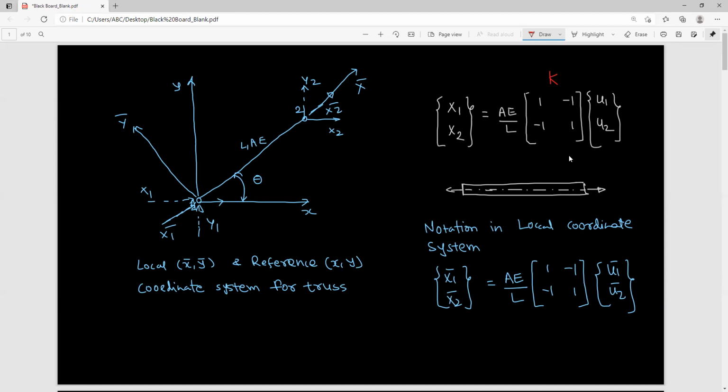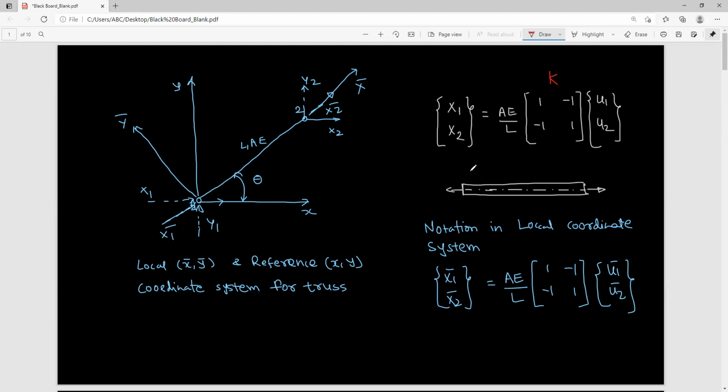Now, in many instances, you have seen the bar elements are also called truss elements, axially loaded members or stringers, and they are the members of the truss. But these members are not oriented along a straight axis, they may be oriented along some other axis.